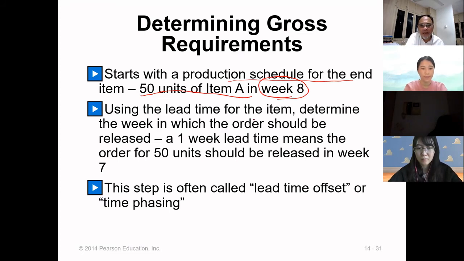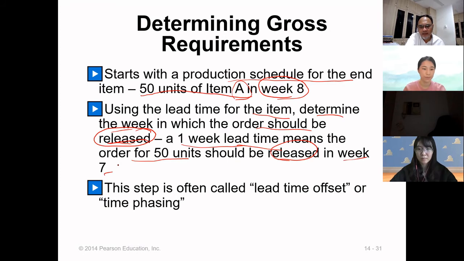Using the lead time for the item, determine the week in which the order should be released. The word is release. Because item A has 1 week lead time, the order for 50 units should be released in week 7.